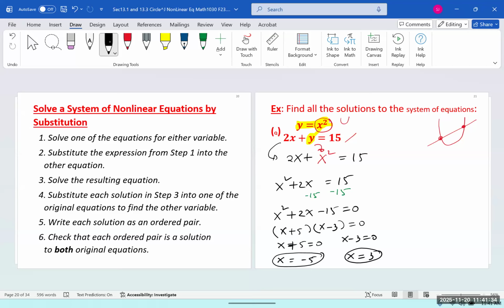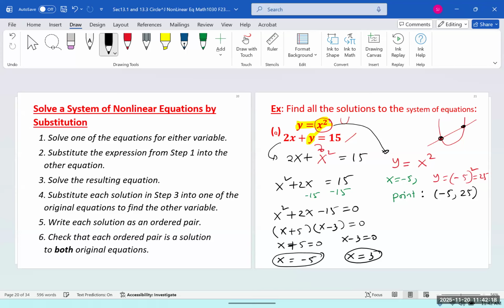But we need to know the y values, because these are points. Good job. So to find the points, we need to know the y values. Our y is x squared. So if one of the x is negative 5, our y is negative 5 squared, which is 25. The point is x value negative 5, y value 25.